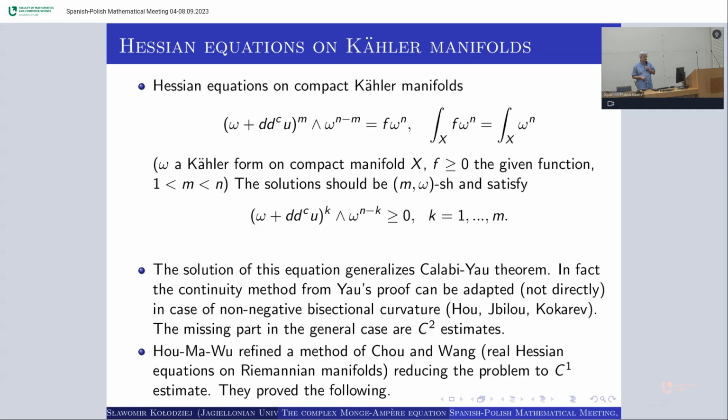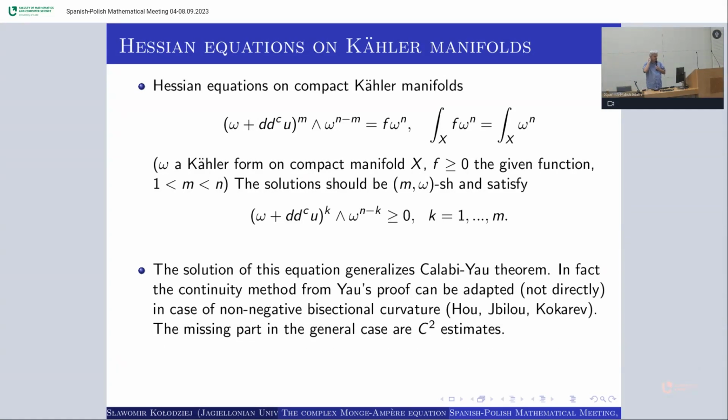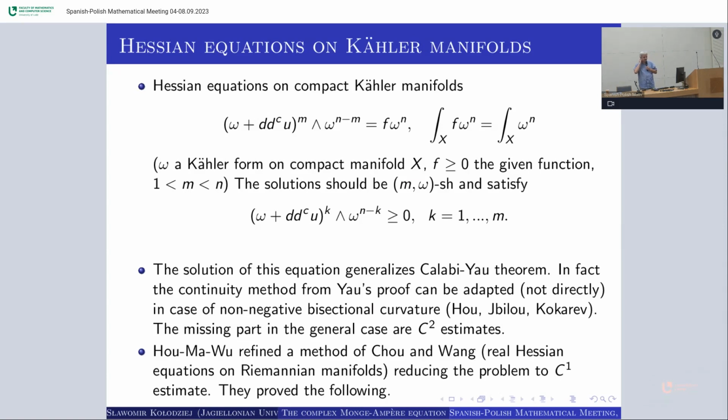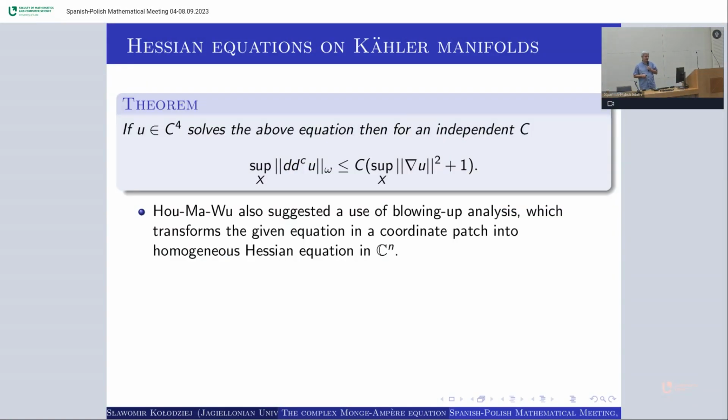And they had to be replaced, and they were replaced by Hu, Ma, and Wu, who adapted the method which was used before by Zhou and Wang for real Hessian equations on Riemannian manifolds. But it's not a direct adaptation. The proof is like 10 pages of estimates to adapt to the complex case. So with this method, you can reduce C2 estimates to C1 estimates.